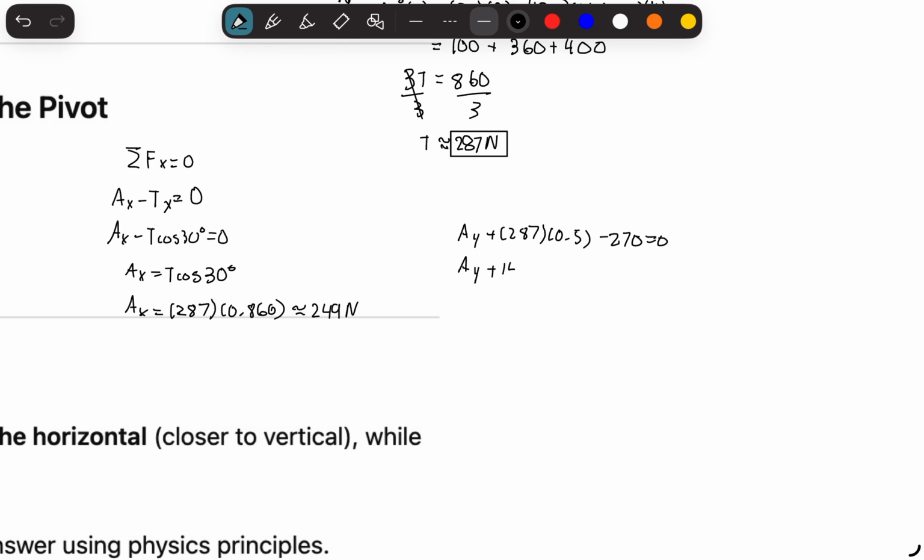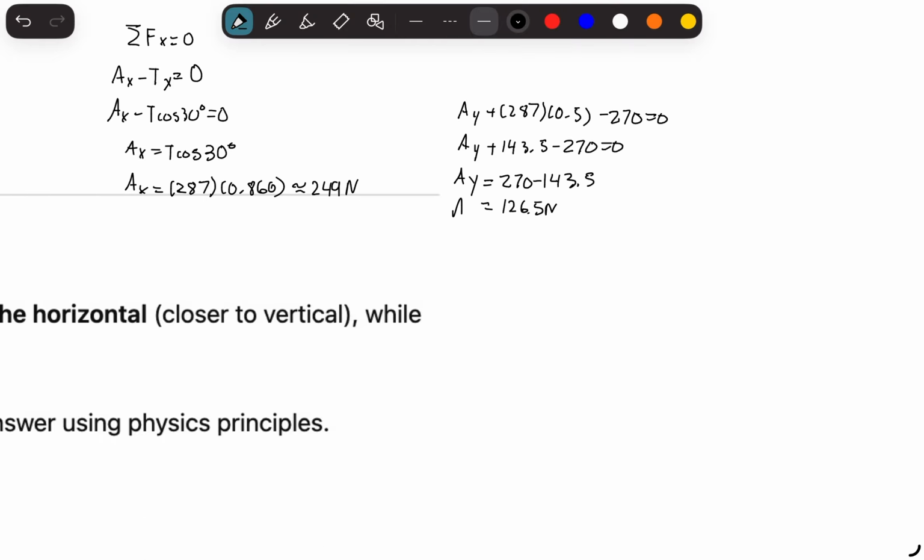AY plus 143.5 minus 270 is equal to 0. So AY is equal to 270 minus 143.5, which is 126.5 newtons. So that's your AY and that's your AX.